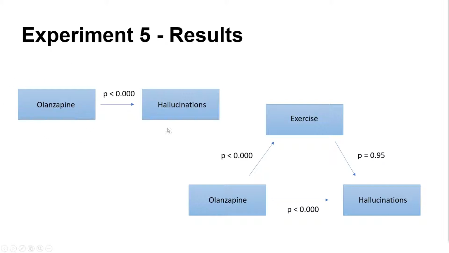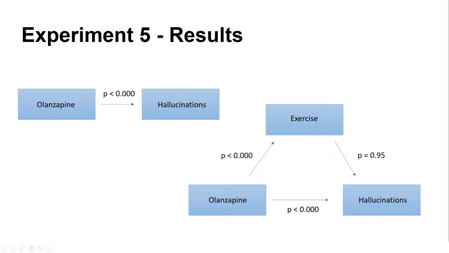We first analyzed the total effect of our model and found that olanzapine had an effect on hallucinations, establishing that our causal variable is correlated with the outcome. Second, we then wanted to see whether or not olanzapine was correlated with our mediator, which is exercise. And we did see that olanzapine use was significantly correlated with exercise.